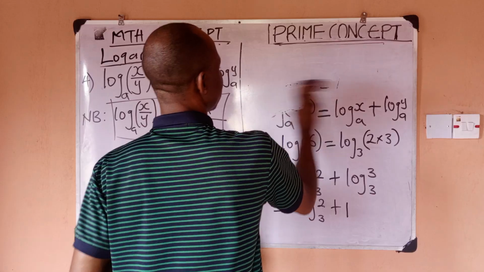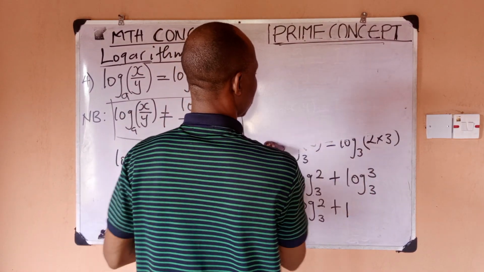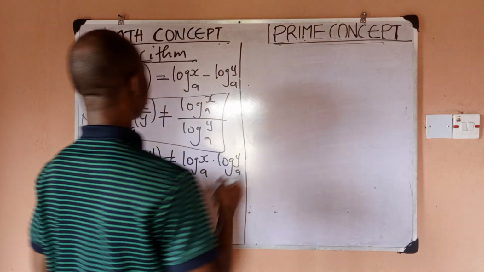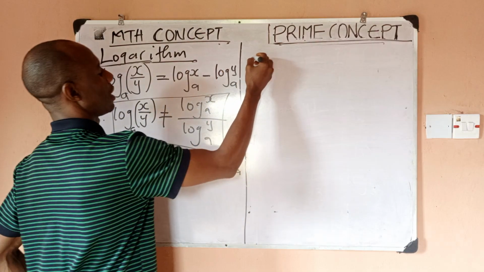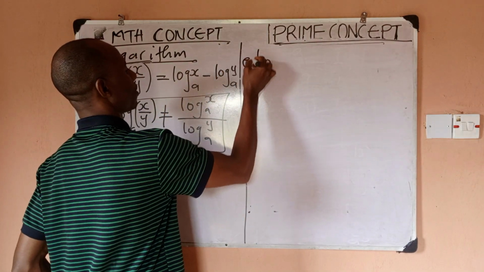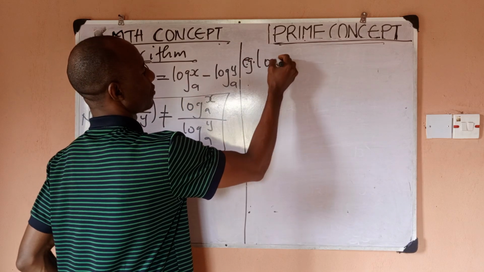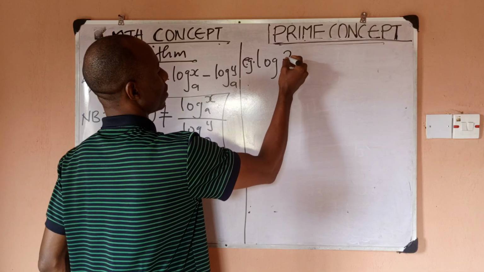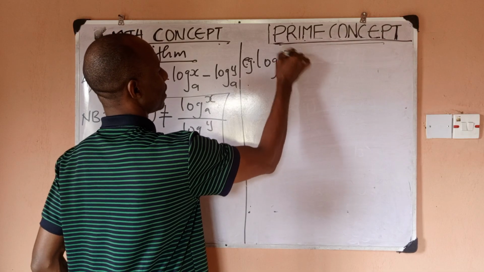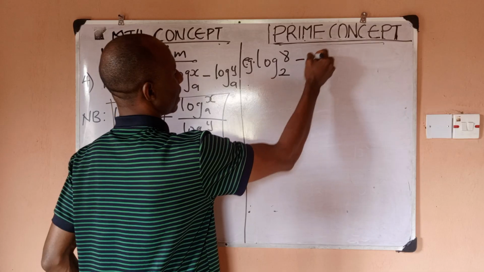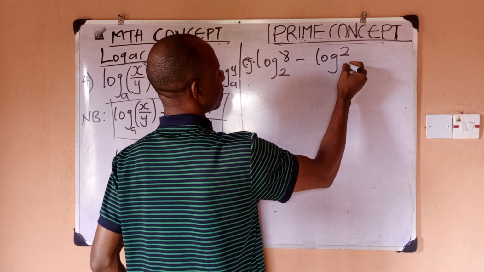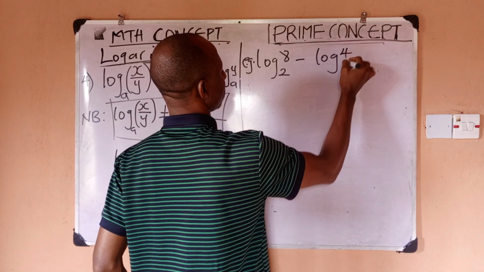Now let's look at an important application of this rule number 4. See how we can use it. Say I have log 8 base 2 minus log 4 base 2.